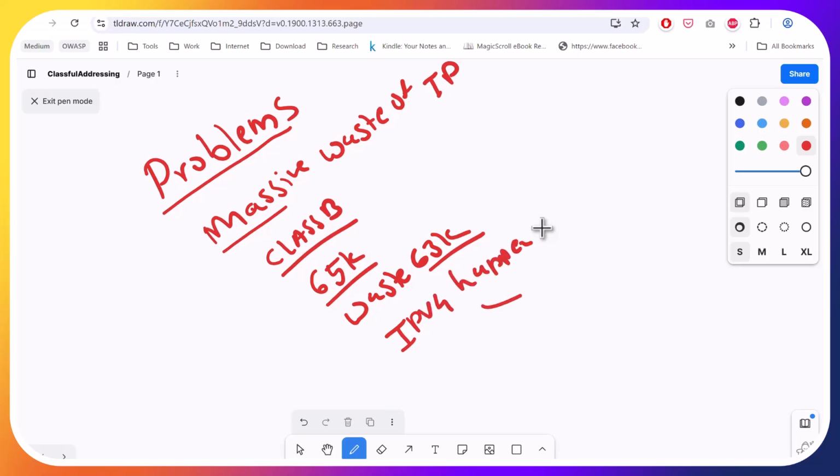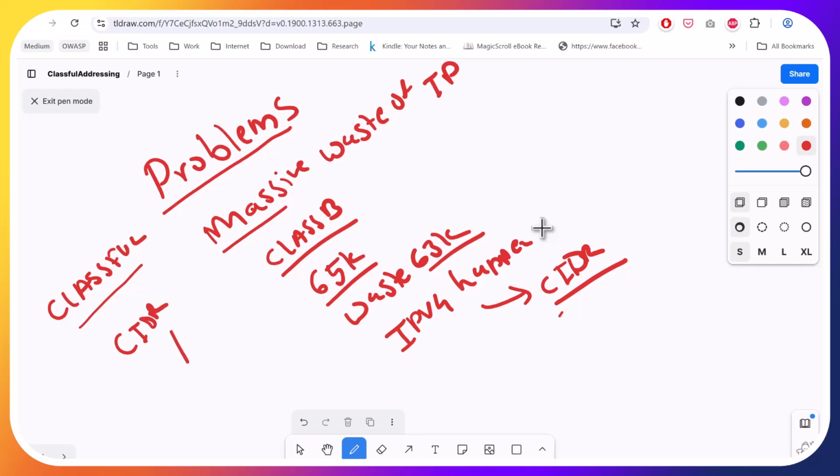And to avoid this, we came to CIDR range. Now all routers use CIDR. Okay. That's why this classful addressing is gone. None of the routers use it. So how does CIDR help? CIDR simply by defining this way, right? /24, /32, /23.